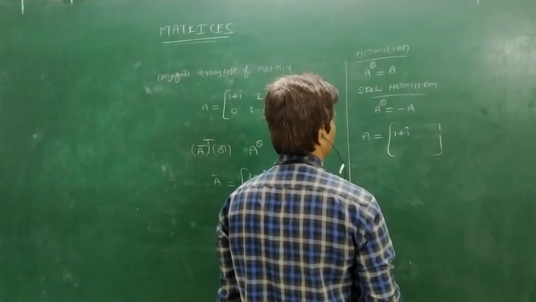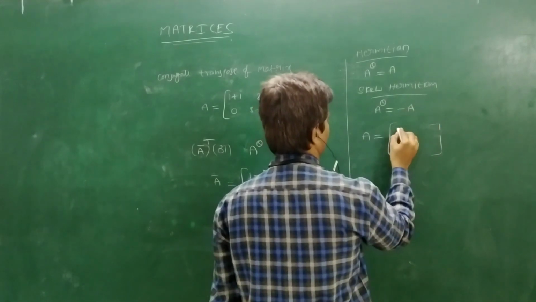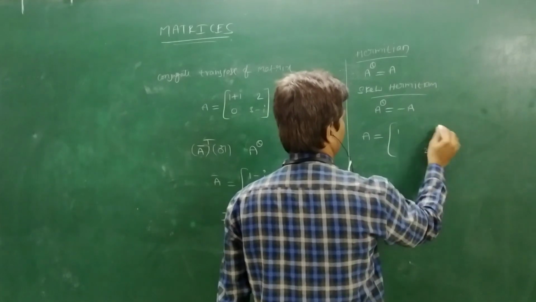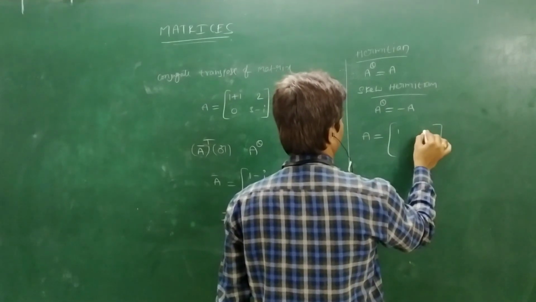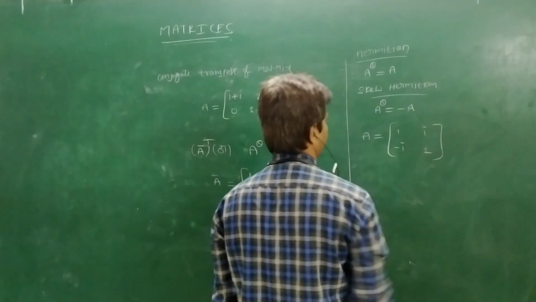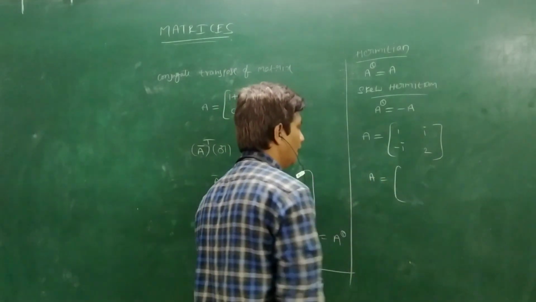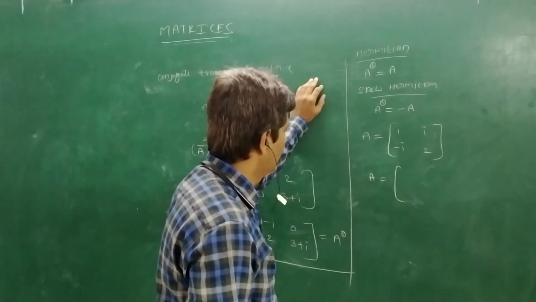If you write 1 plus i, this is 1. This is I. This is 1. Alright, conjugate. And take the matrix 1, I, minus I.